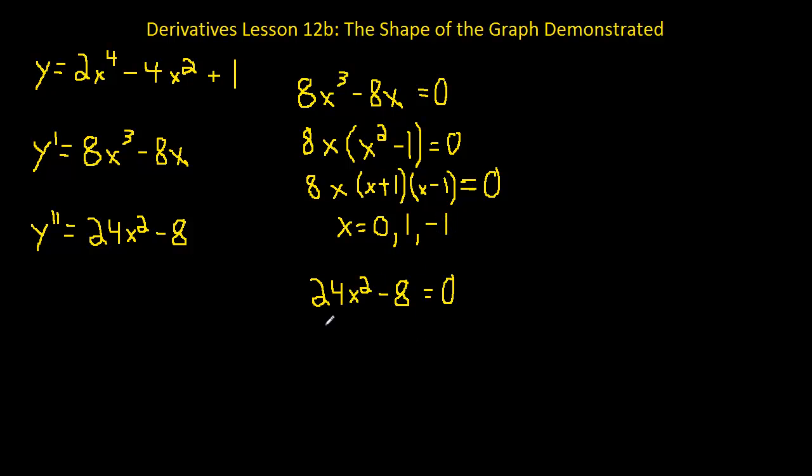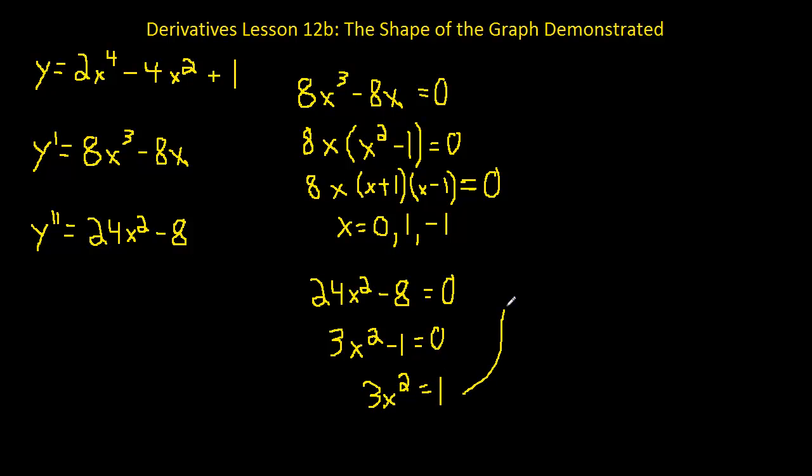Let's hold on to this. In this next one, we can divide by 8, just get the 8 out of there, because the 8 is a constant. So we get 3x squared. We'll move the 1 over, so we get 3x squared equals 1.